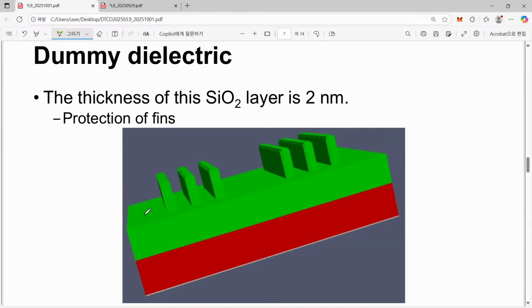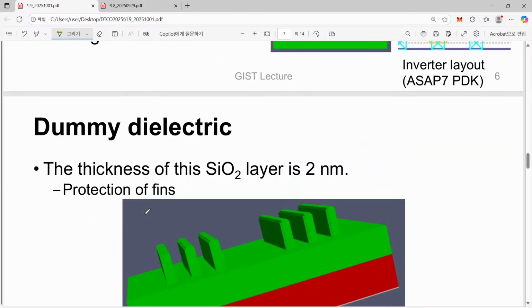Okay, so now the next part, of course, is to make the gate. But I have to say this. Now we have fins, and the position where fins and gates meet together is regarded as the MOSFET channel. So now let's make the gate.